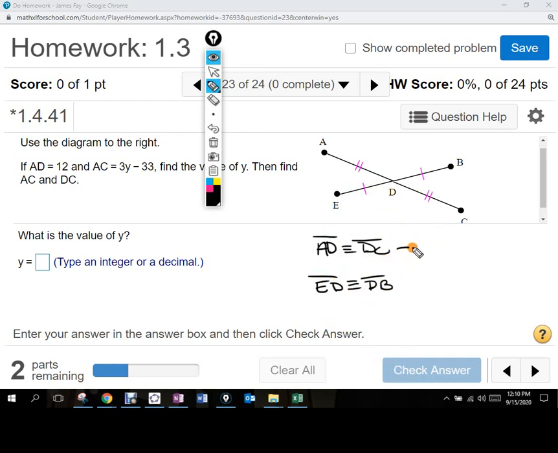What that allows us to say, and I'll explain this notation eventually in chapter 2, we have a double-way arrow here. Basically it means if AD and DC are congruent, it automatically tells me that their distances are equal. Same thing for ED and DB. Their distances are equal. What those double arrows mean is the phrase "if and only if," and we'll talk about what that means later on.